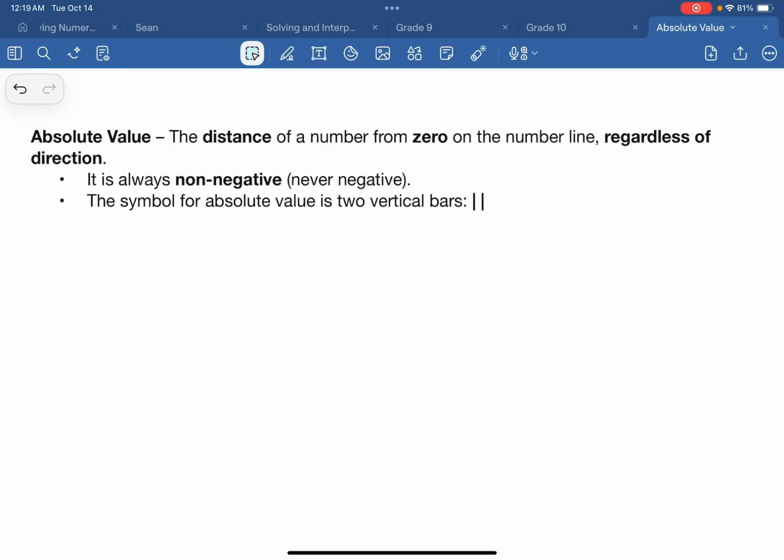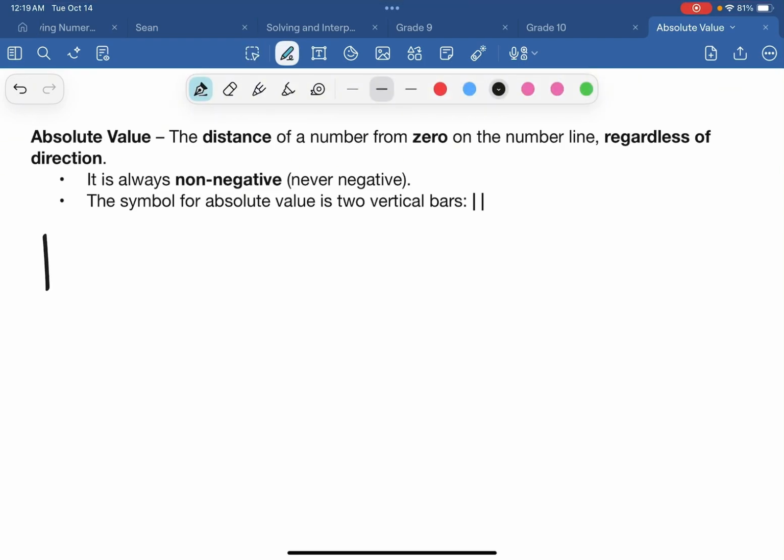To define, absolute value is the distance of a number from 0 on the number line regardless of direction. It is always non-negative, which means it is positive as a result, and the symbol for absolute value is two vertical bars. Now, let's have this example.